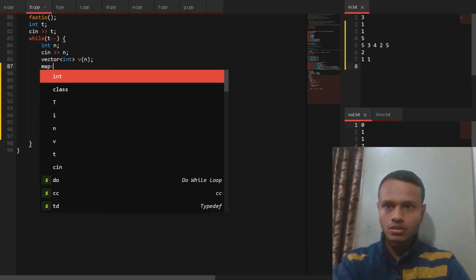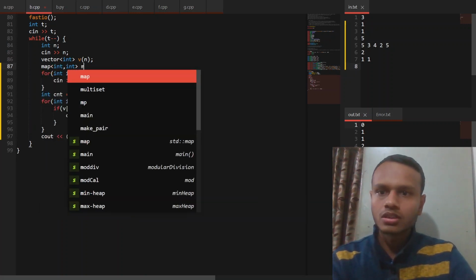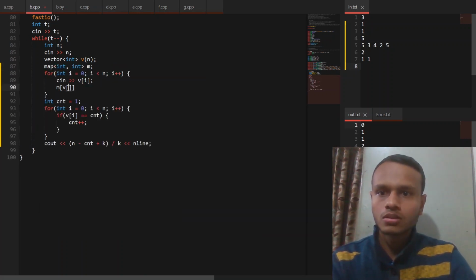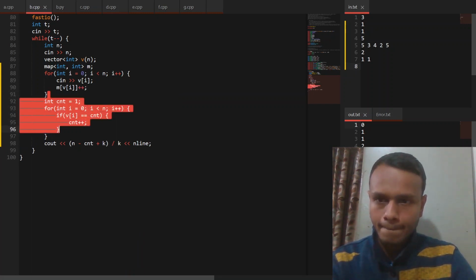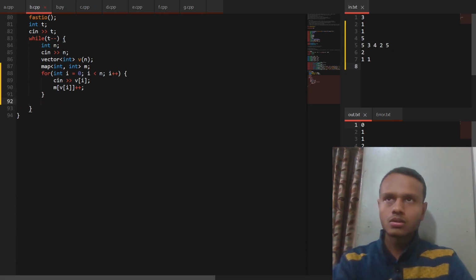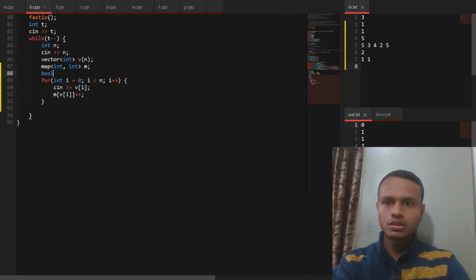And let's just have a map, right? Okay, so let's have some flag as well, which is initially, let's say, true.